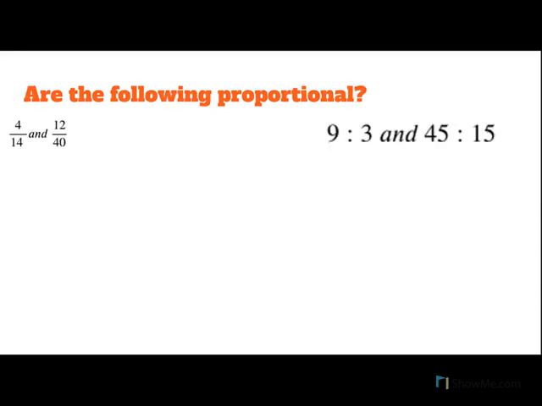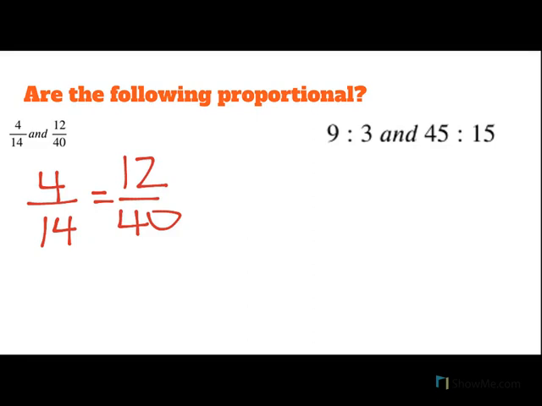So let's look at another couple examples. The first one I have here is 4 over 14 and 12 over 40. My goal is to determine, are these things equal? So I can go ahead and come up with my cross product here. To do this, I would take 12 times 14, which would be 168.